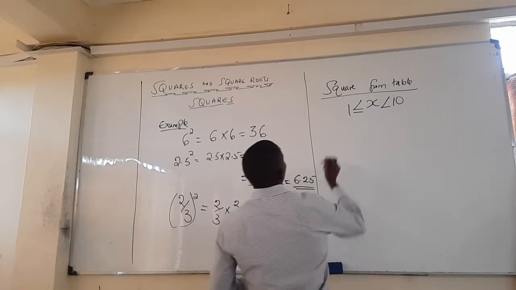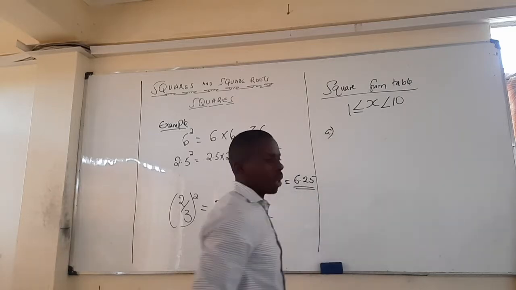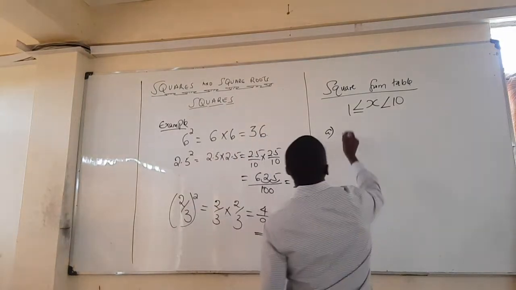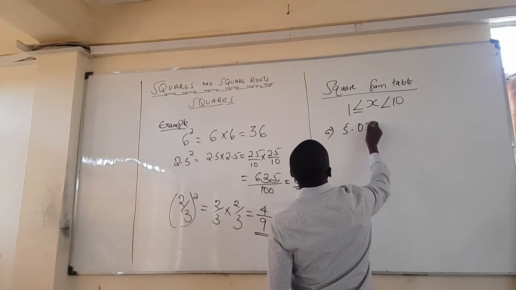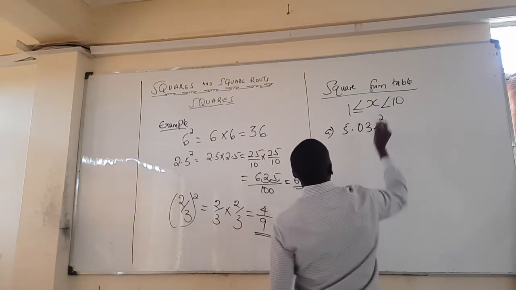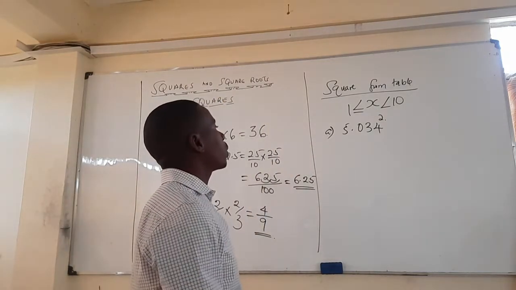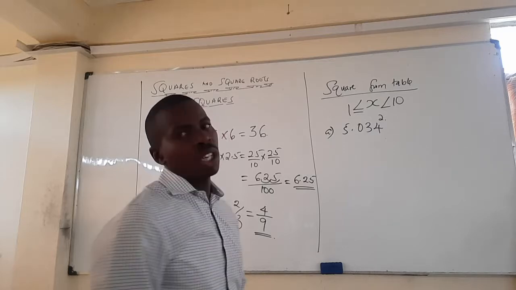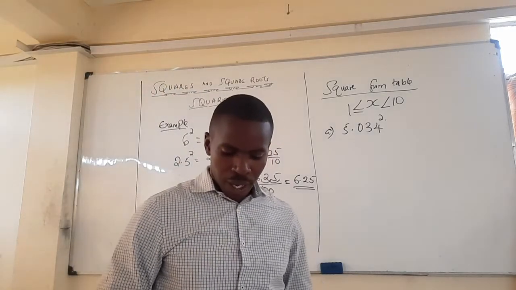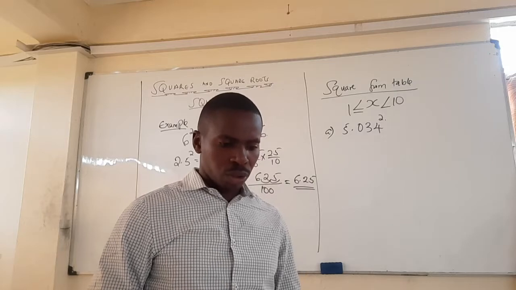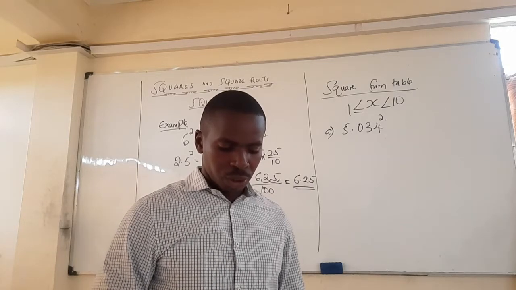Example A, we want to find the square of a number using the table. You can have 5.034 squared. So we want to get 5.034 squared from the table. When you look at our table, this is going to be direct.